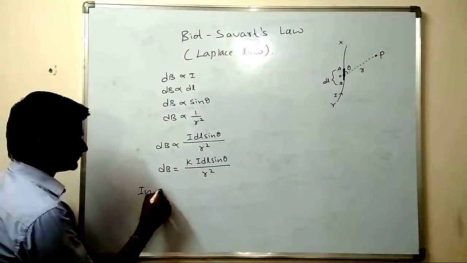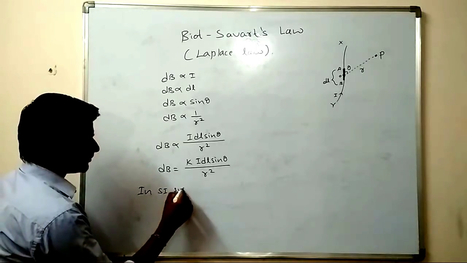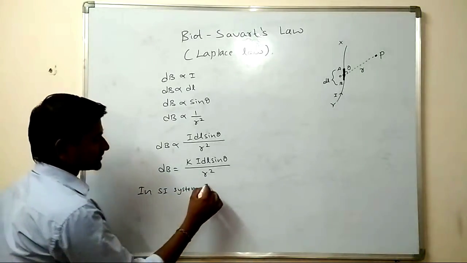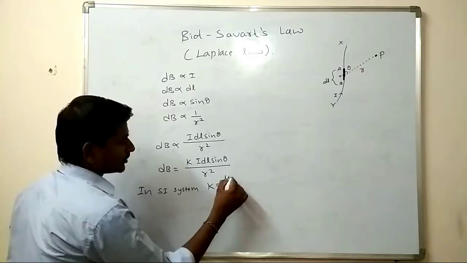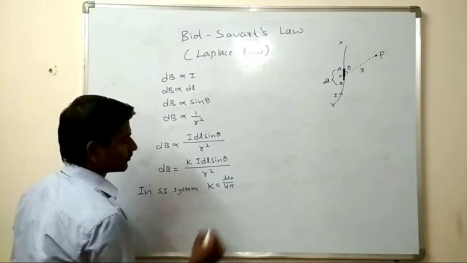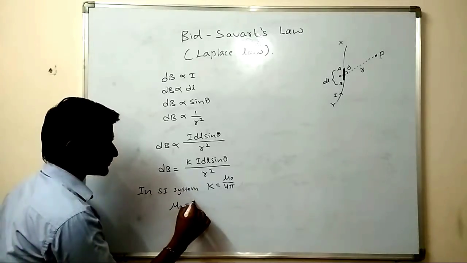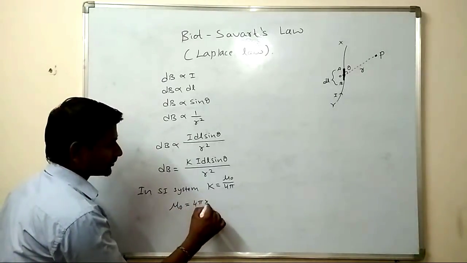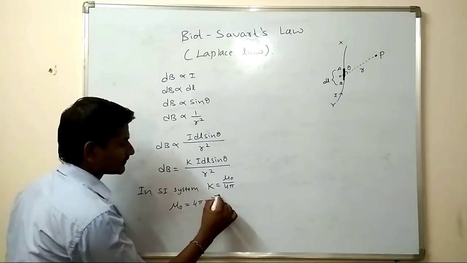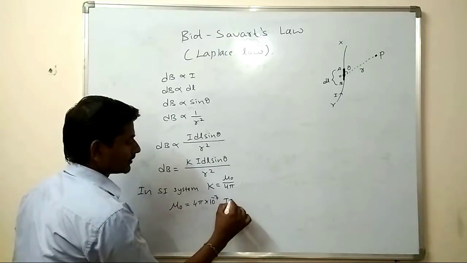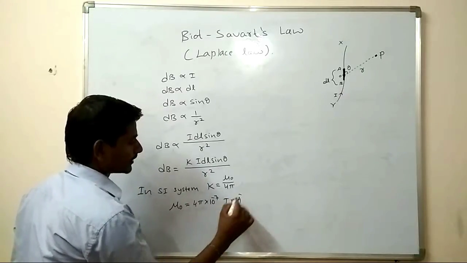In the SI system, the value of this proportionality constant k is mu naught divided by 4 pi, where mu naught is known as the permeability of free space and its value is 4 pi into 10 to the power of minus 7 Tesla meter per ampere.